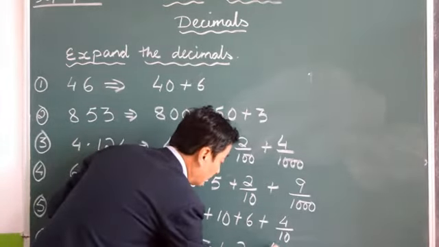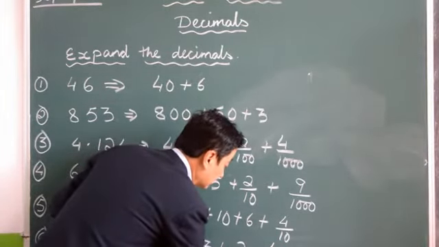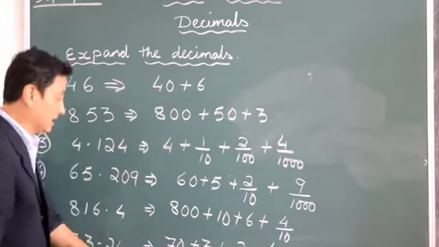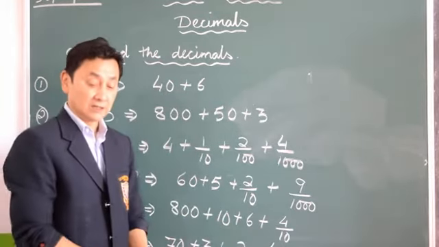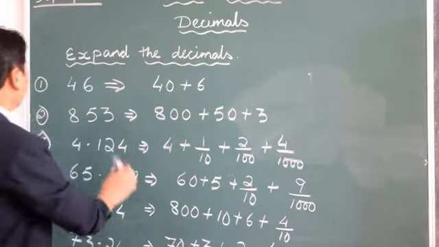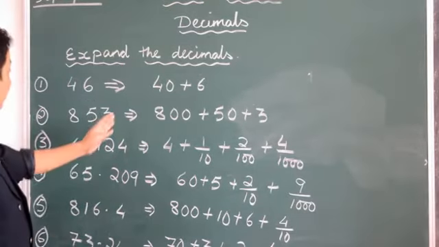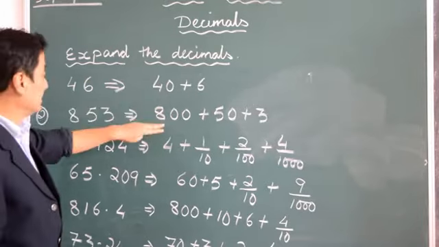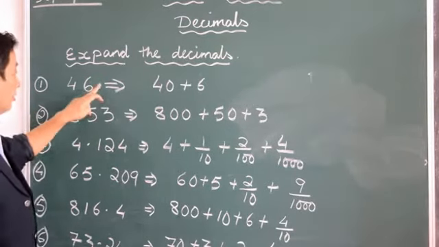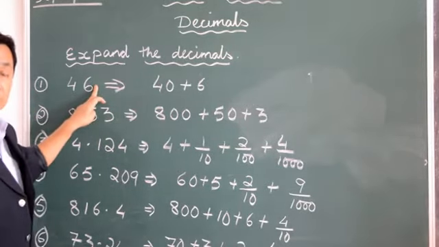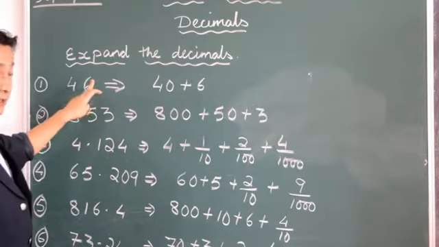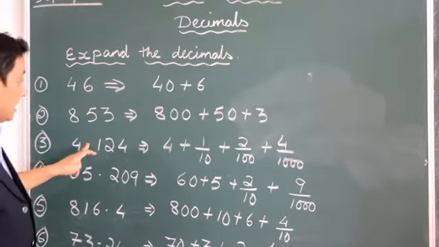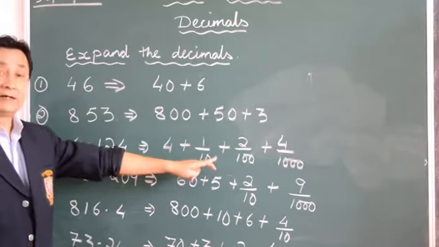Plus 4 hundredths. There's no third number, so don't write the thousands. So I hope you have understood. Remember that the numbers that come before the decimal point should be expanded this way. I purposely put no decimal point so that you could understand better. Is that clear? So after the decimal point, how should we expand? In fraction.